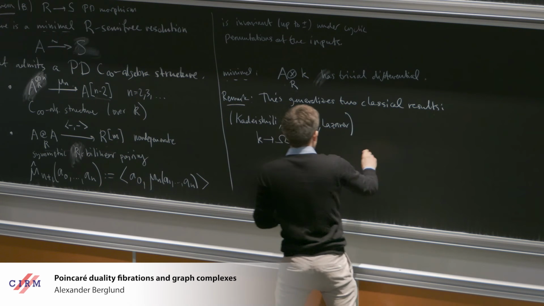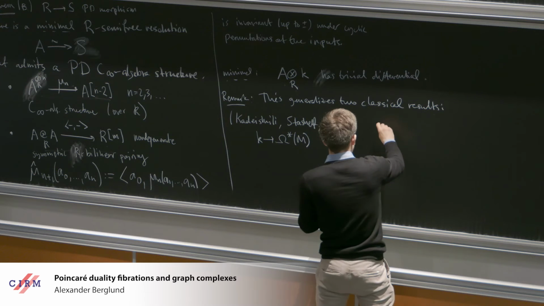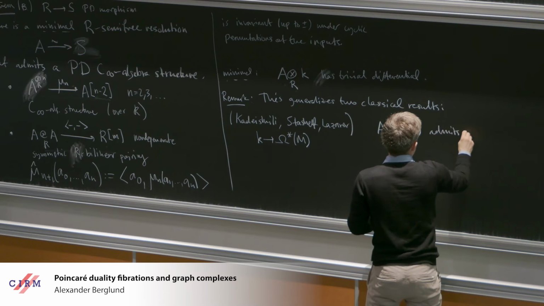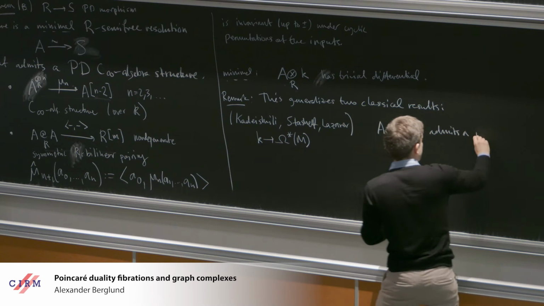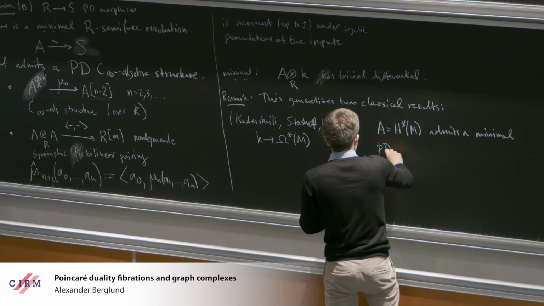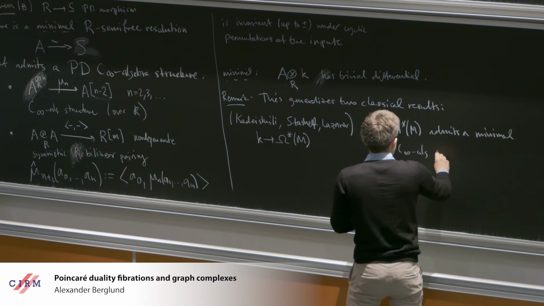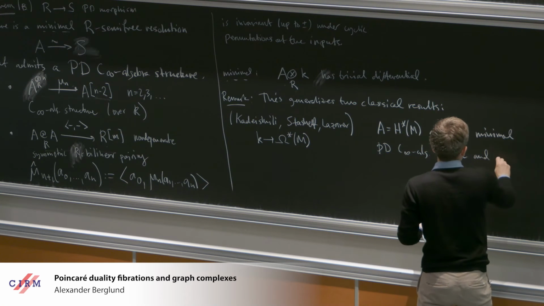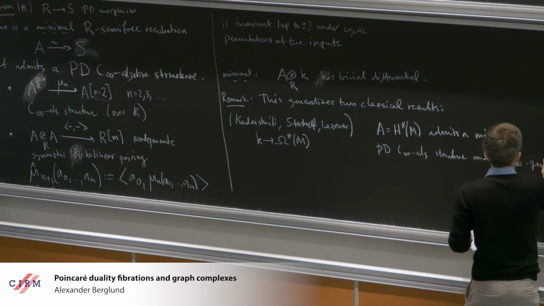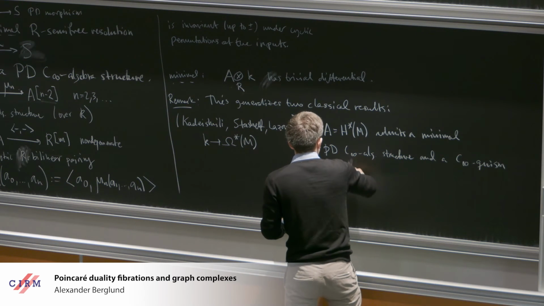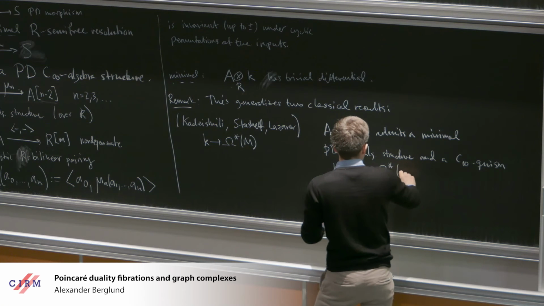So for M a Poincaré duality space, it says that A in this case, which will just be the cohomology of M, admits a minimal Poincaré duality C-infinity algebra structure and a C-infinity quasi-isomorphism from the cohomology to the de Rham forms.